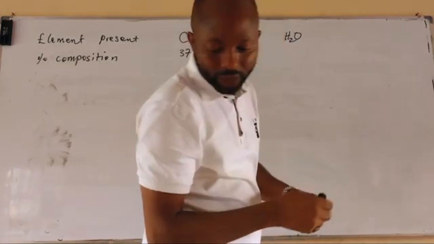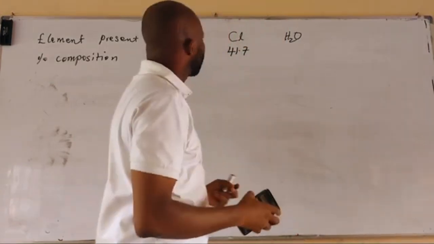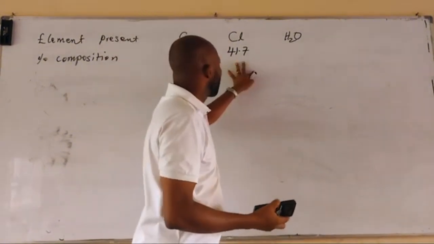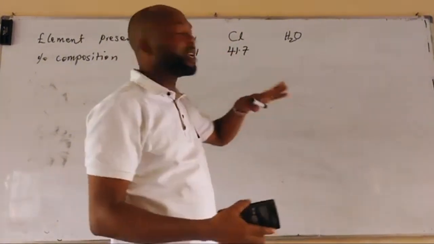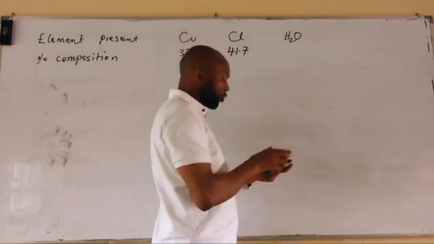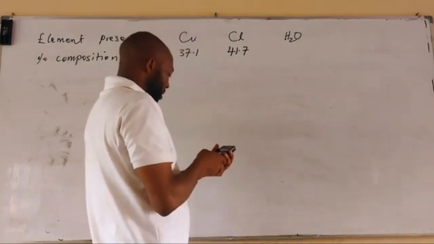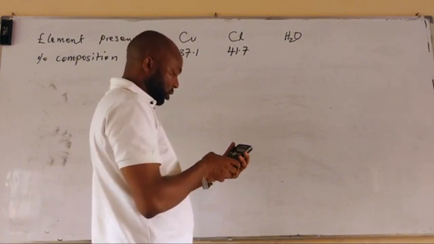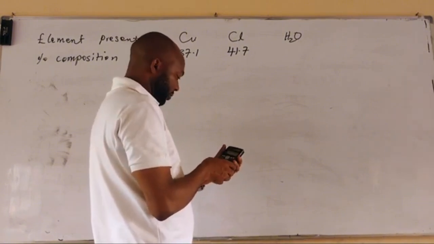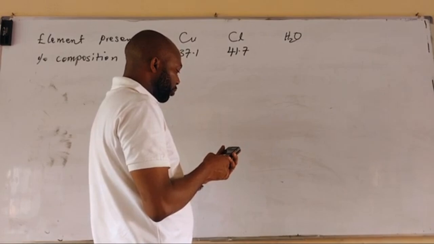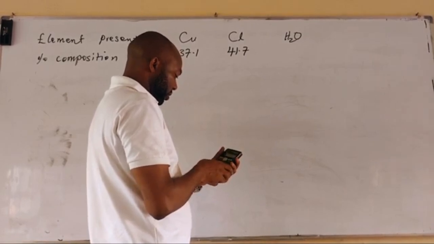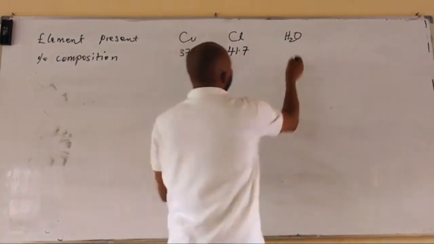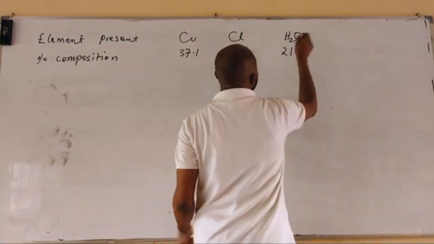And the rest is water. So, for us to be able to get the percentage, it's always in 100. And if these two are given, and they say the rest is water, it means 100 minus these two will give us that of water. So let us see, we have 37.1 plus 41.7, which is 78.8. 100 minus that, we have 21.2. So here, water would be 21.2.